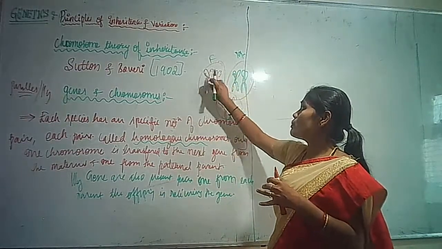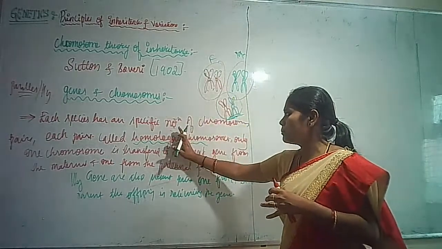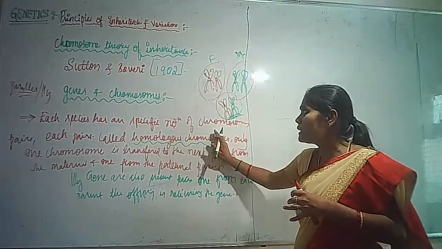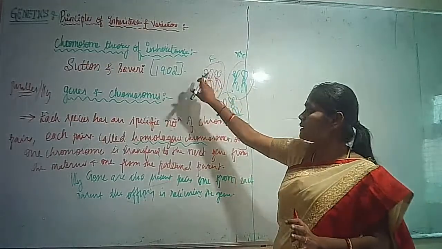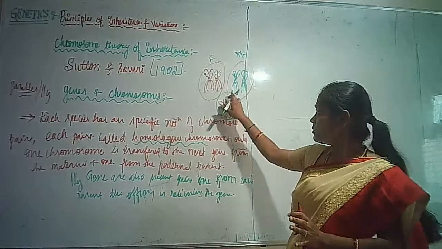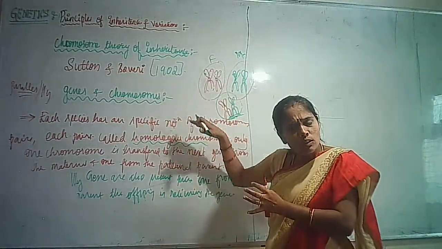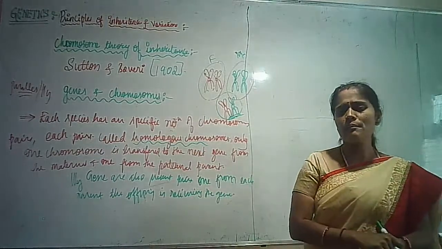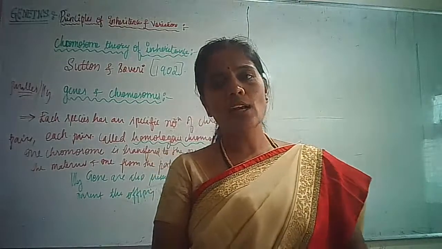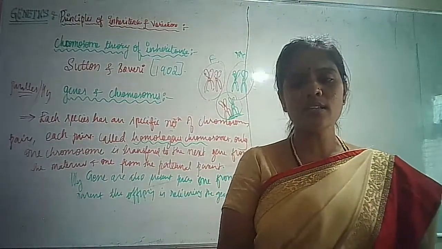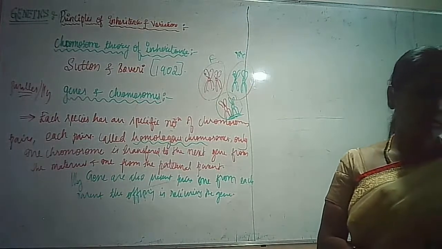One chromosome we get from the maternal side and one from the paternal side. Similarly, one gene we get from the mother and one from the father, so both show the same type of characteristics. These are the similarities, the parallelism we are going to see here.